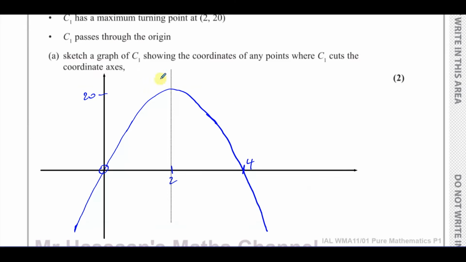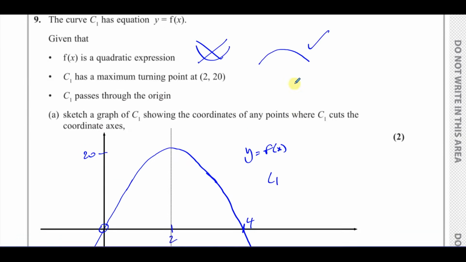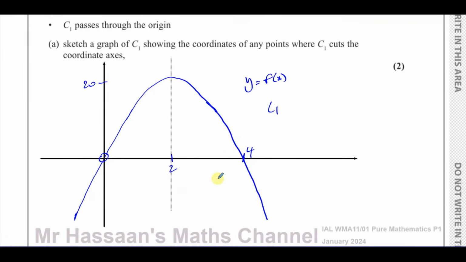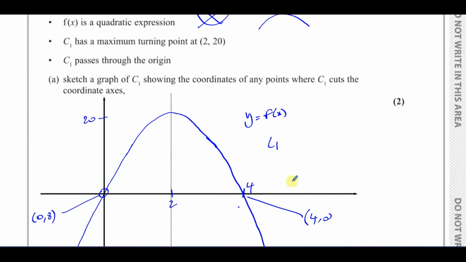This is the graph of C1, y equals f of x, which you don't know the equation for right now, but I think that's what you have to find. So there's a sketch of the graph showing the coordinates of the points where it crosses the axes. Just to make it clear, this is the point (4, 0), and this is the point (0, 0). And that's it.